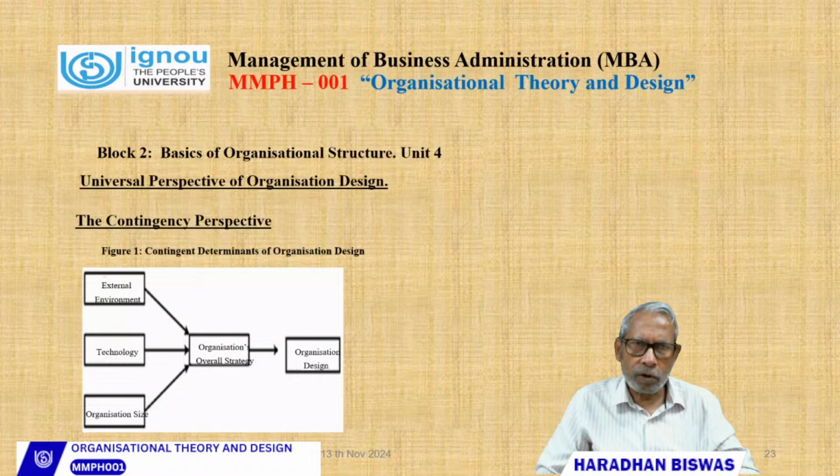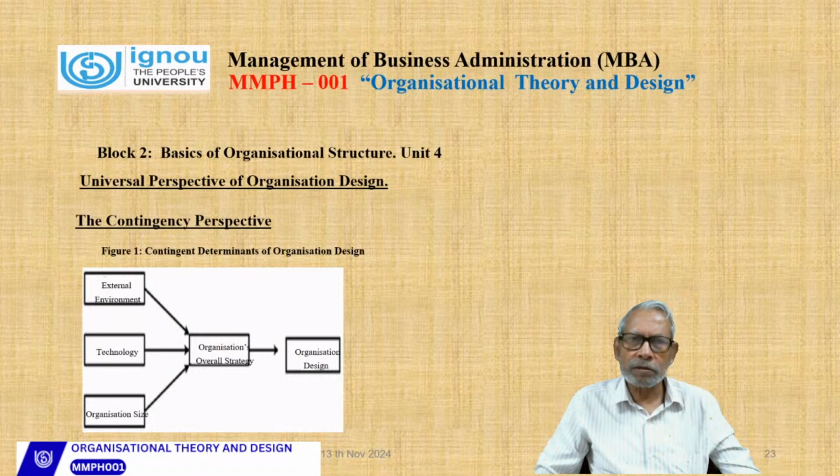Here, some diagrams of the contingency perspectives are given, showing the way it plays out. Some external environment is there, which I can say is part of the input to the organization's overall strategy. The external environment, you can take it as one of the inputs. Then technology is another input, and the size of the organization. As we said, these are all the basic inputs for strategy decision purposes.